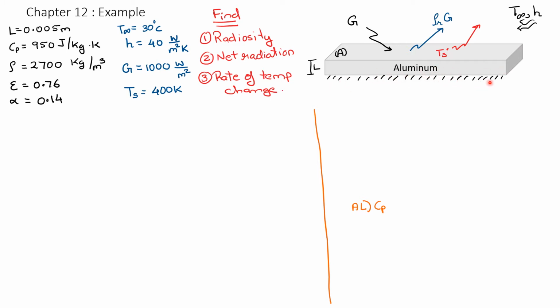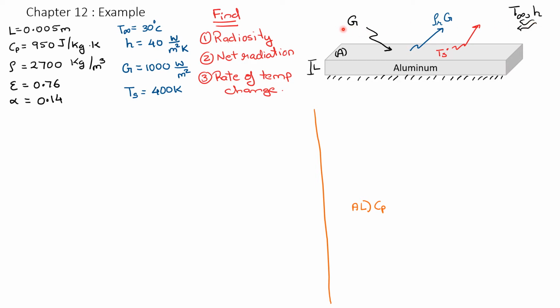It's insulated from the bottom, and we know that aluminium is shiny, so it will reflect some of the irradiance falling on it. The upper surface of the aluminium has a temperature Ts. There's air flowing at a temperature T infinity and has a convective coefficient of h.